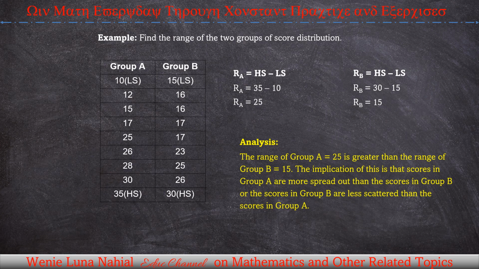Now, the analysis says that the range of Group A, which is 25, is greater than the range of Group B, which is 15.